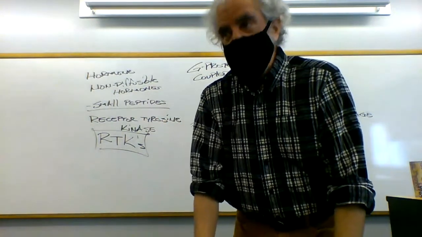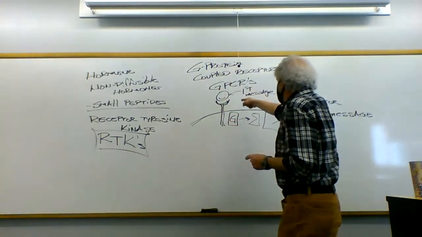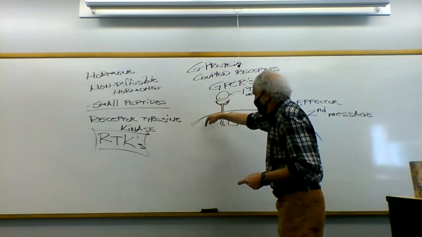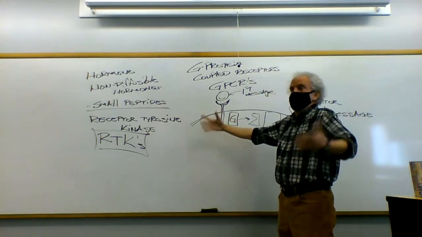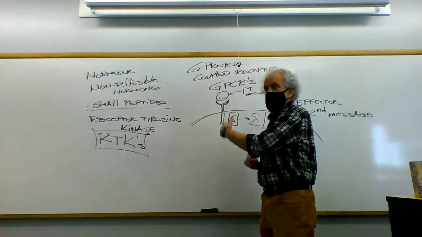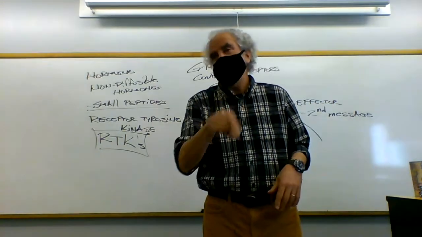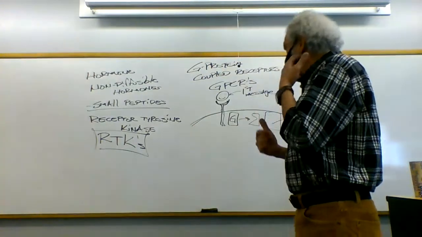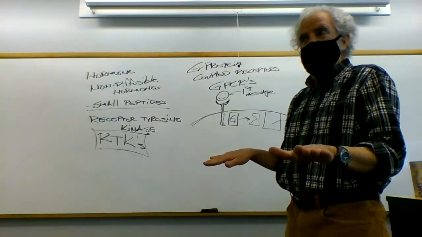Nothing happens. Because the first messenger requires its cell surface receptor. Adrenaline actually being injected into the cell, there's no receptor there, it doesn't do anything, it's useless. Now, if you were to do that with steroid hormones, it would just be that much faster. Steroid hormones work by injecting into the cytoplasm. But peptide hormones, no, nothing happens.